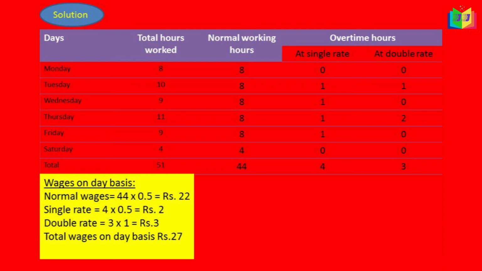And for single rate overtime is 4 hours we have, and the rate per overtime single rate, so we'll get 2 rupees, and double rate overtime 3 hours we have, and 3 into 1 will get 3. So total wages on day basis, if we add all this, we'll get 27 rupees.